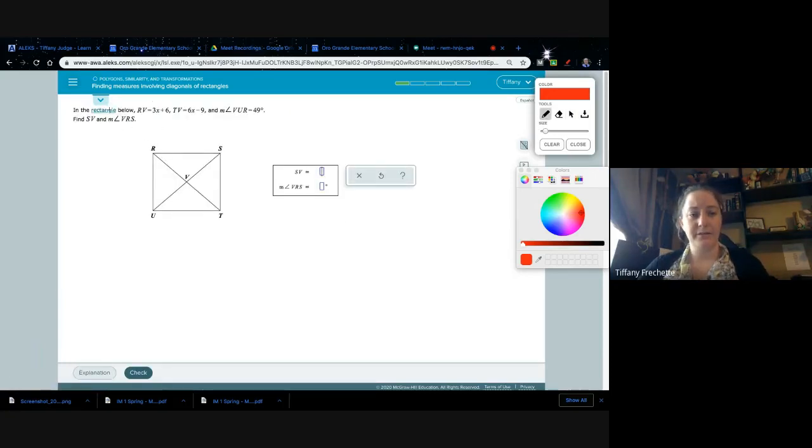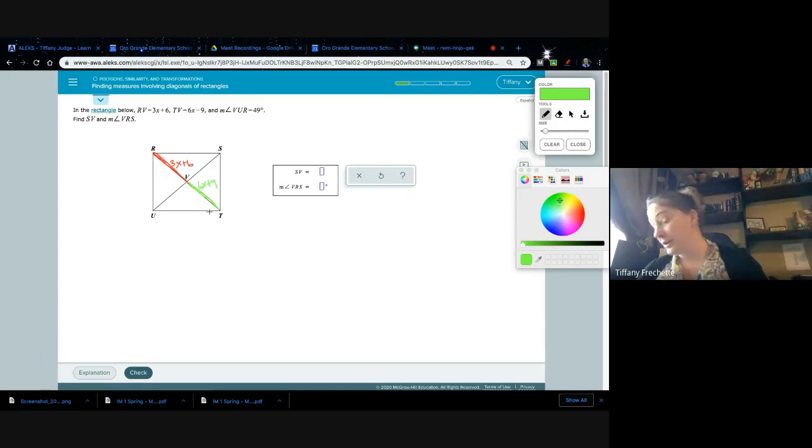So in the rectangle below, RV equals 3x plus 6, and I'm going to try to write it in here because I have a little more room. TV equals 6x plus 9.